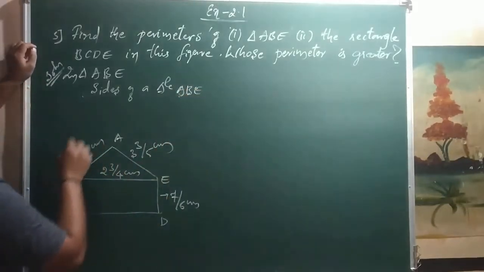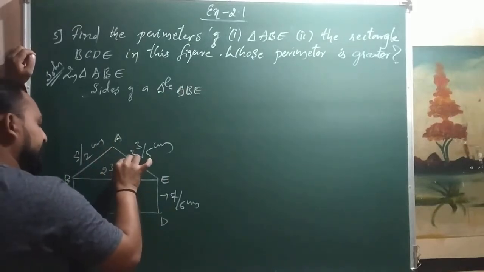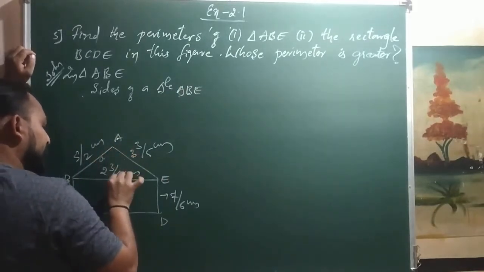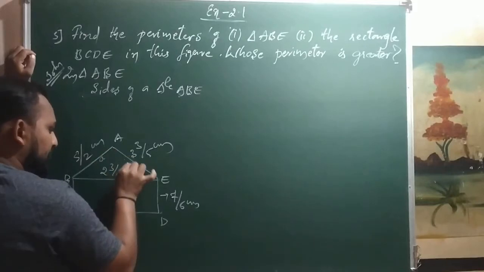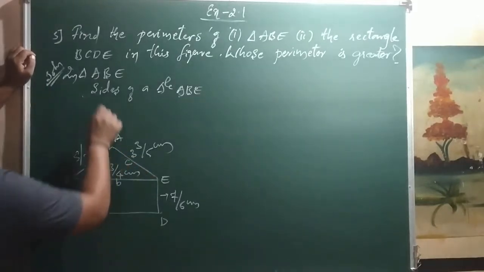Take this side as a, this one as b, and this one as c.